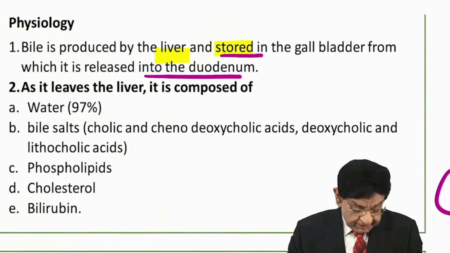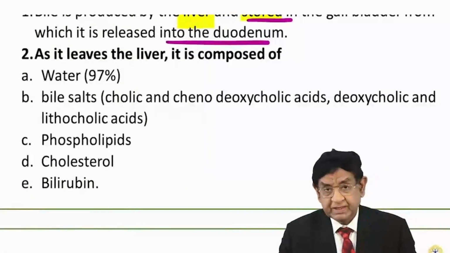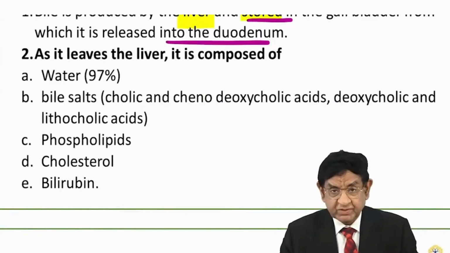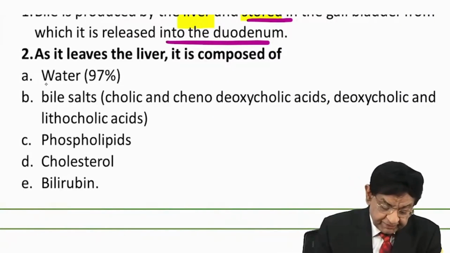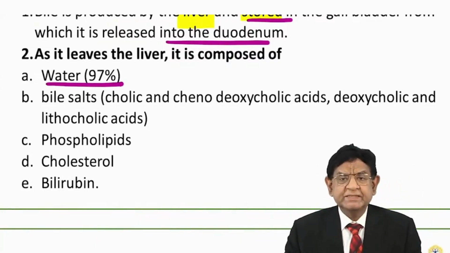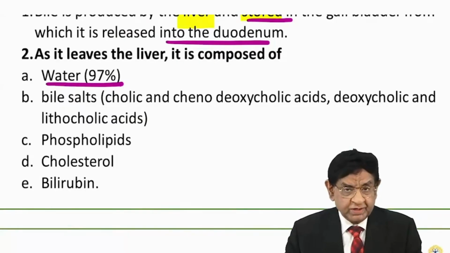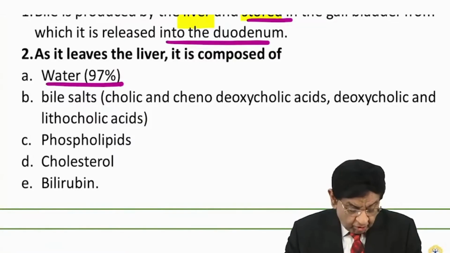So now let us see, when it is leaving the liver, what is the content of the manufactured bile. In the liver, it is 97% water. That means it is mainly water. But what are the other components that we have?